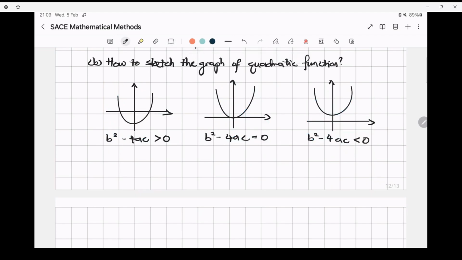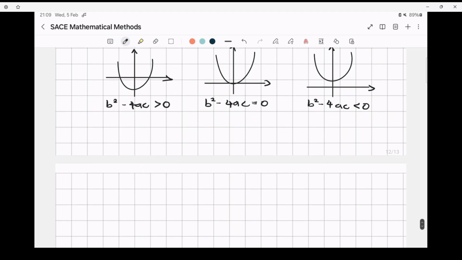So I should set the caveat. So over here a is greater than 0, which is a positive number. If a is smaller than 0, then your quadratic equation will become an n-shaped graph. And basically, you can also divide into 3.